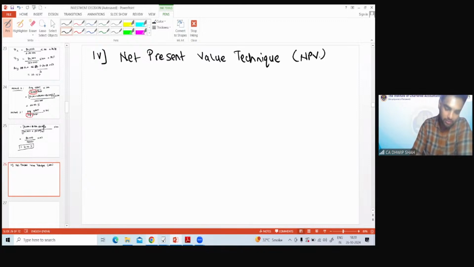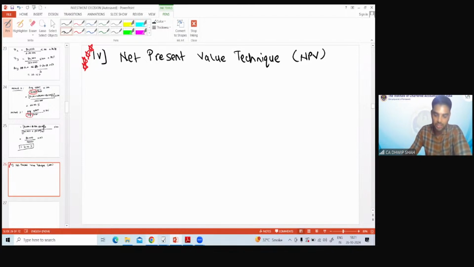And this is a very important technique. Practically, this technique is also widely used, and this technique is logical compared to other techniques as well. So the NPV technique is very important. You need to understand this very carefully.